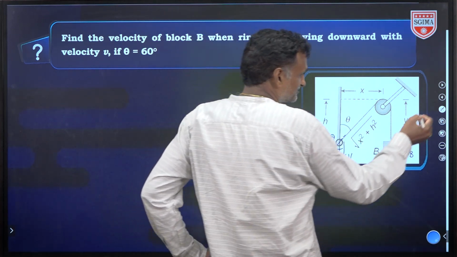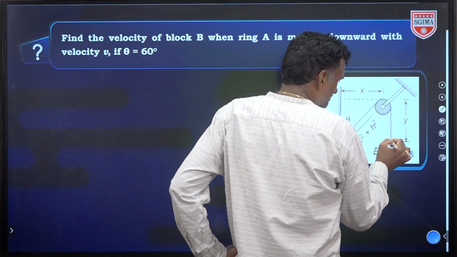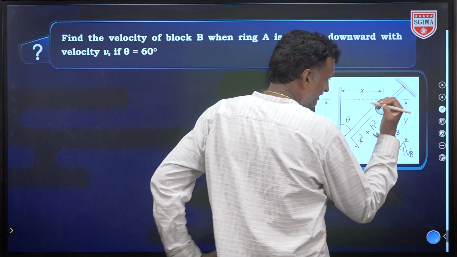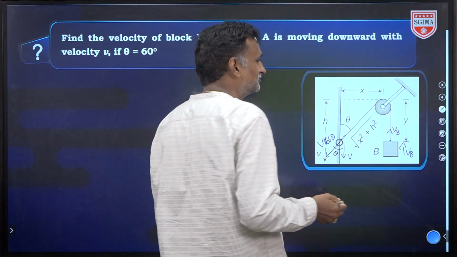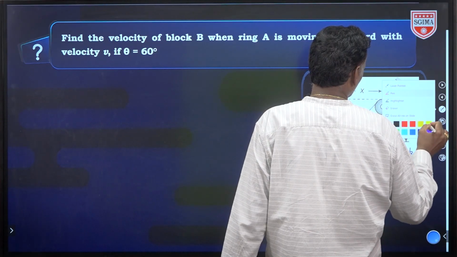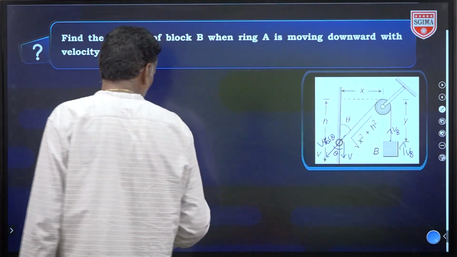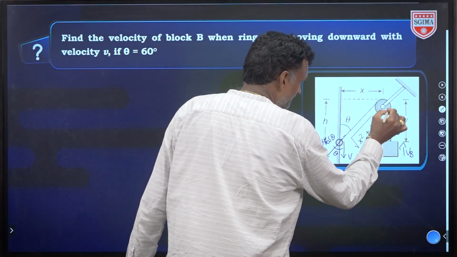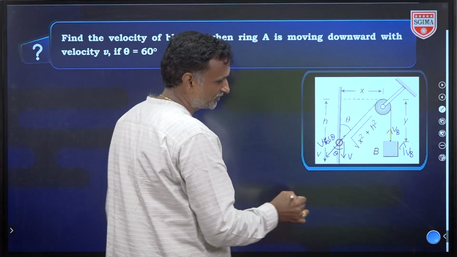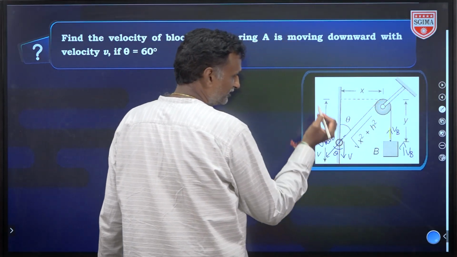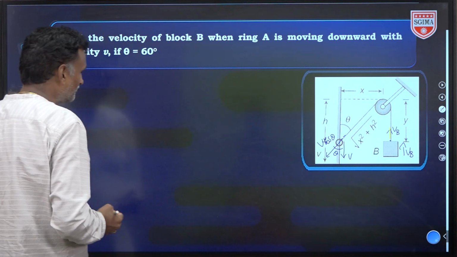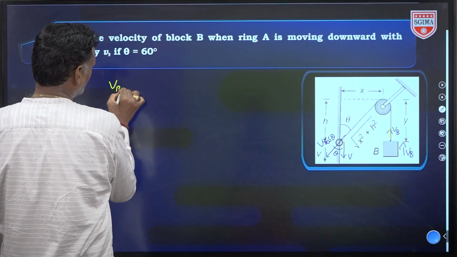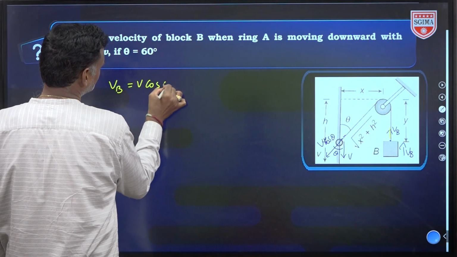Next, here it is also along the string only, upward along the string, and the velocity is VB. Along the string itself, we can take them equal. So VB equals V cos theta. That is it.